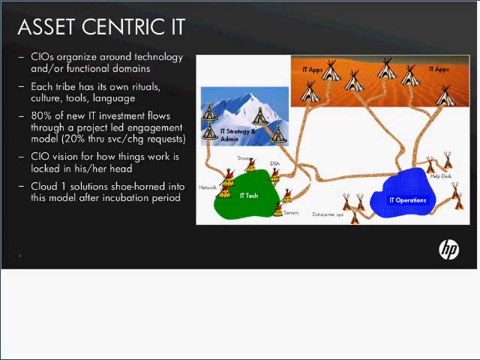And so when you think about how IT responds to a significant business change like internet e-commerce, it's really a group of tribes trying to stand up their technology solutions independently, and the way that they engage with their business is through a project-driven engagement model.